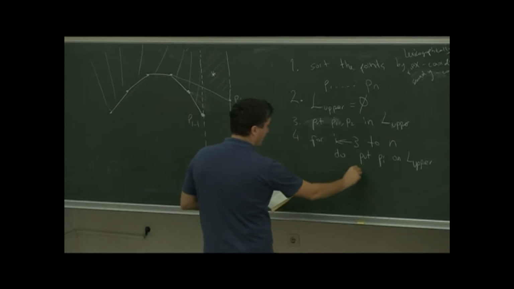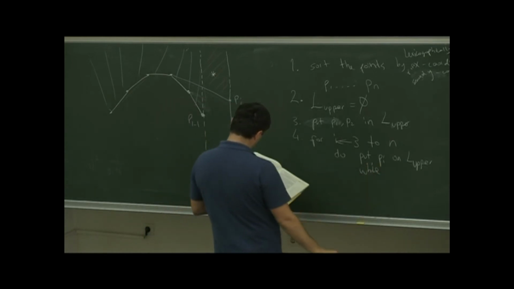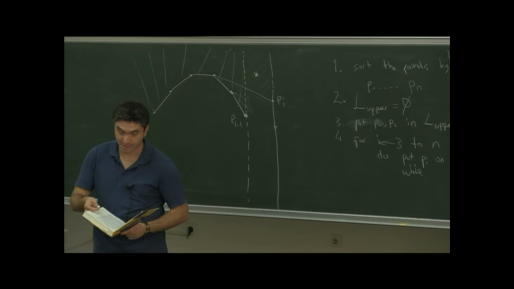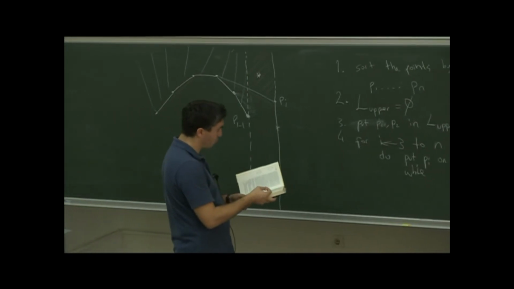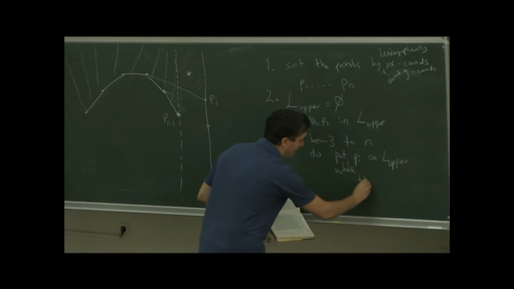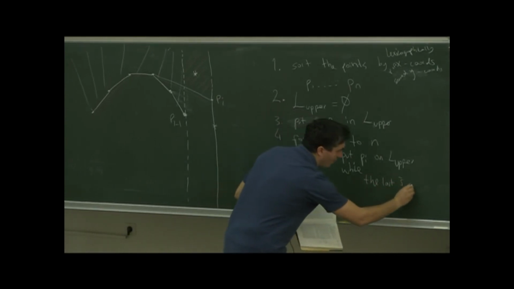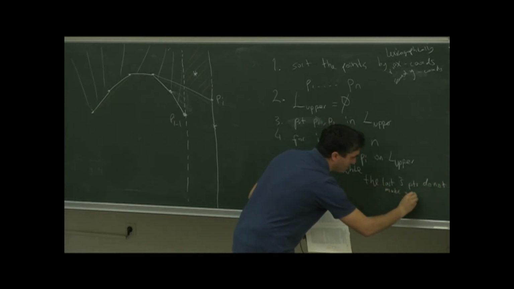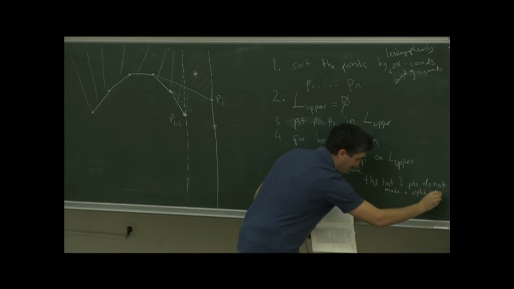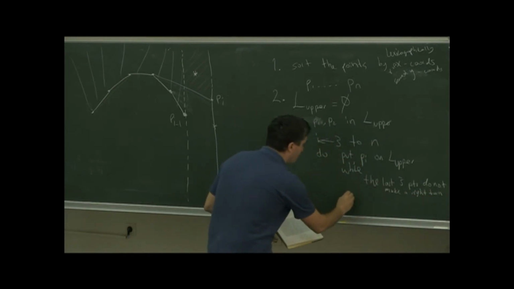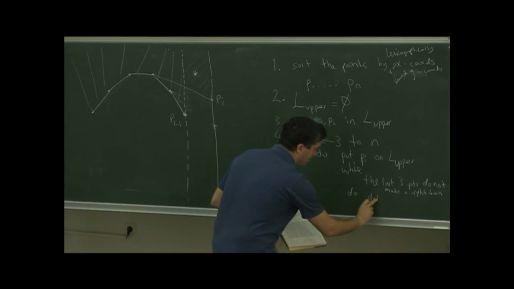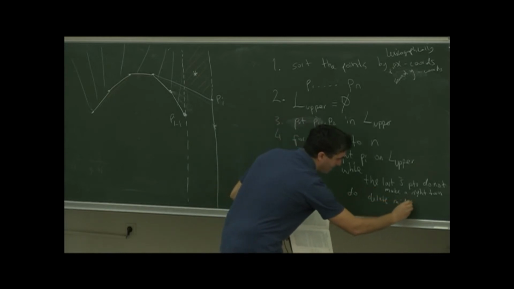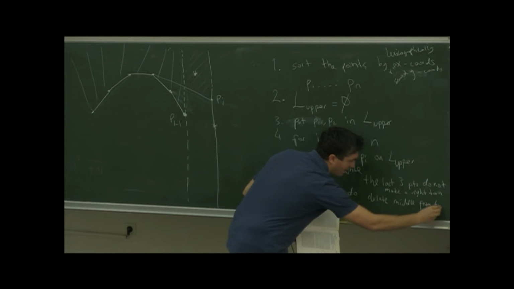And while our upper hull contains more than 2 points and the last 3 points do not make a right turn, we delete the middle point from L upper.